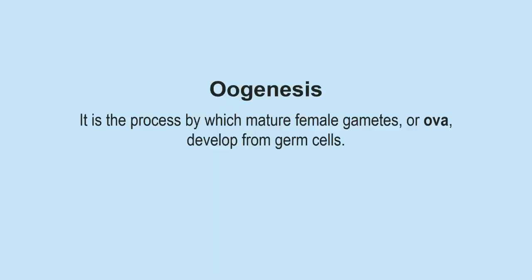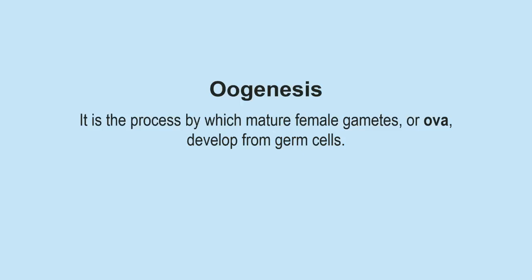So the last one, the oogenesis. Oogenesis is the process by which mature female gametes or the ova develop from germ cells. So when we see oogenesis as compared to spermatogenesis, it occurs in female reproductive system.